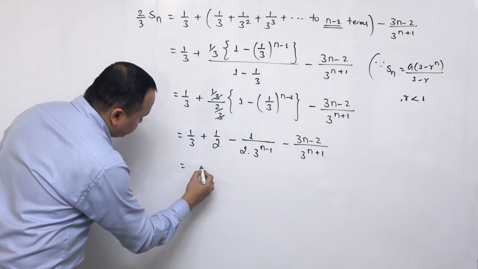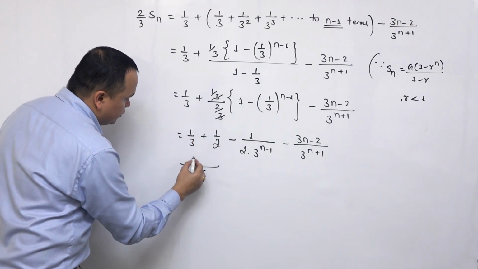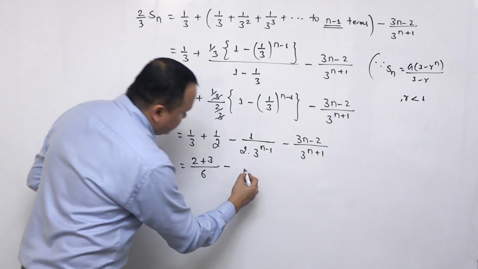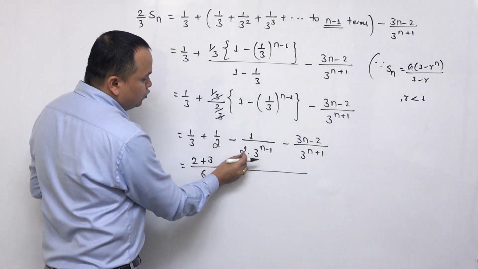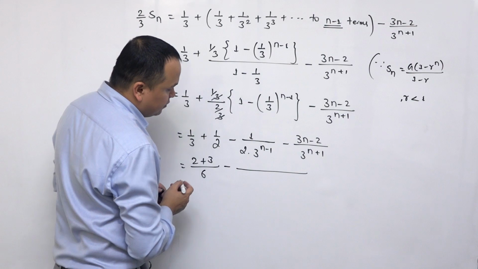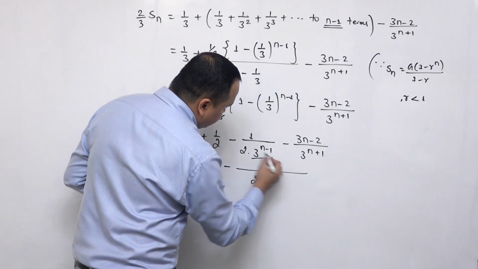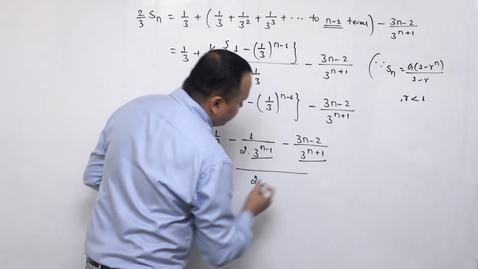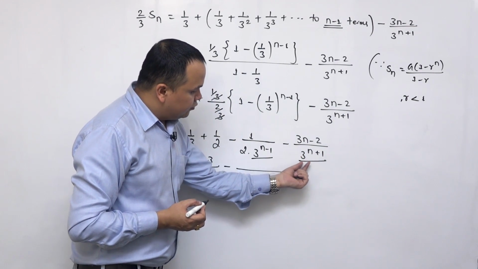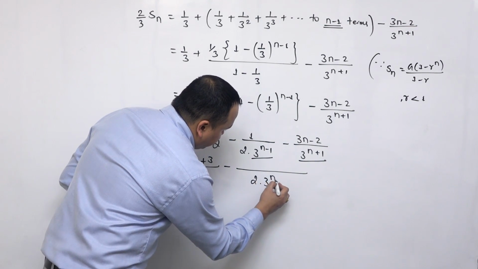And here LCM of 3 and 2 is 6. The 2 into 1 is 2, 3 into 1 is 3, minus here again LCM of 2 into 3 to the power n minus 1 and 3 to the power n plus 1, the LCM is 3 to the power n plus 1 and 2.